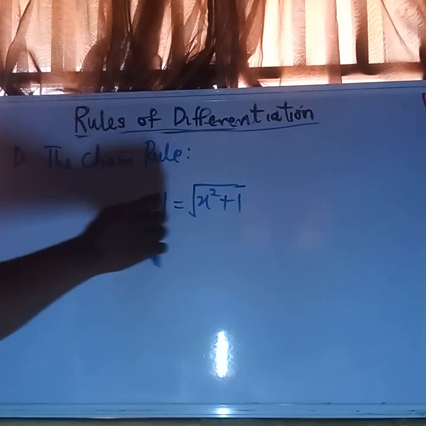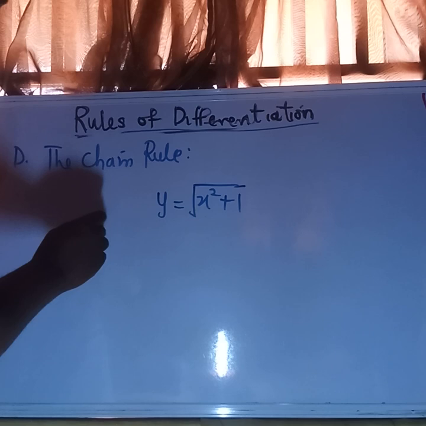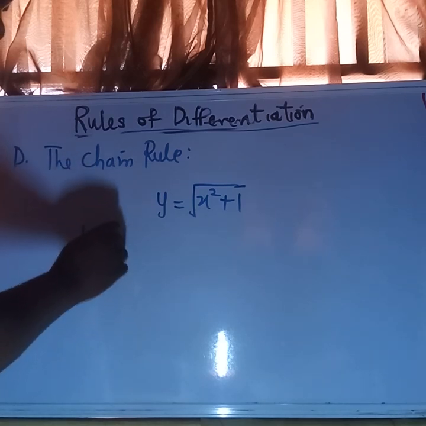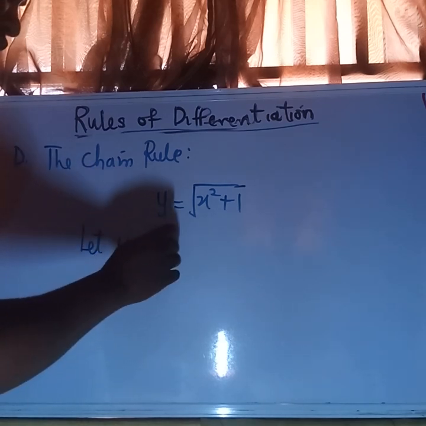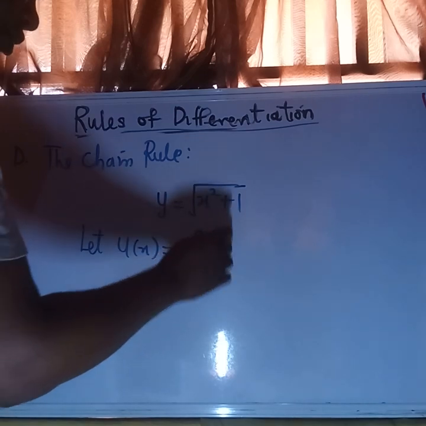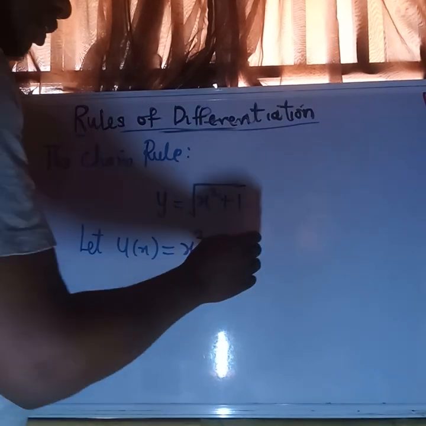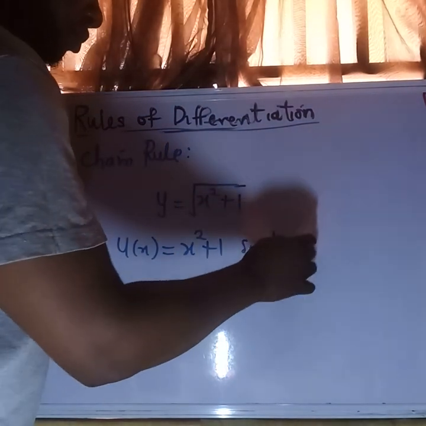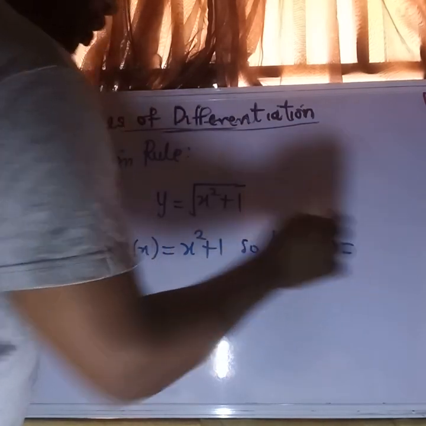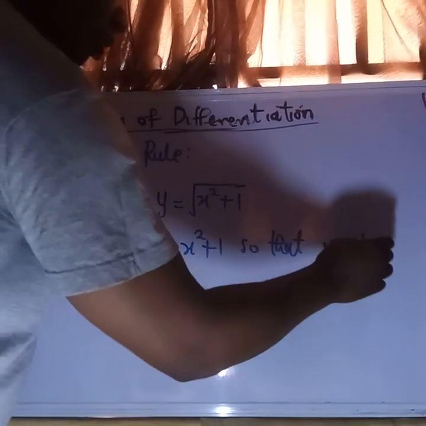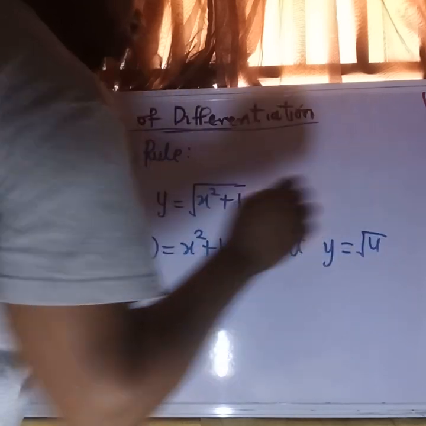We say let this inner term be a function u, so that y will be the square root of u.